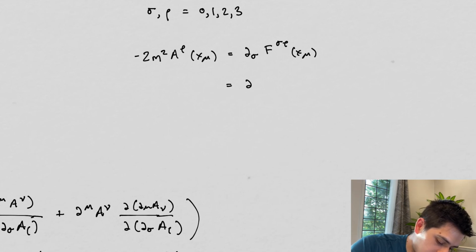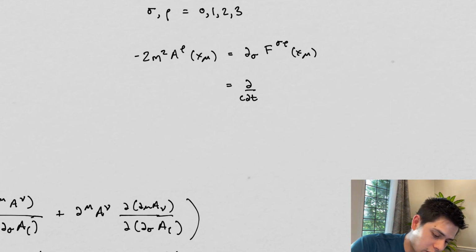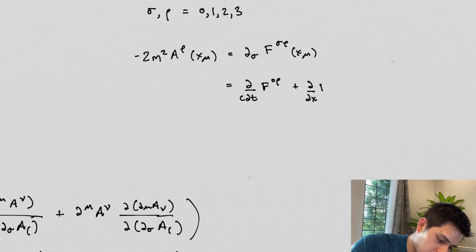We can say this is d dt, and if we're considering general relativity here, we need to put the c in there, F0 rho, plus d dx F x rho, and so on.